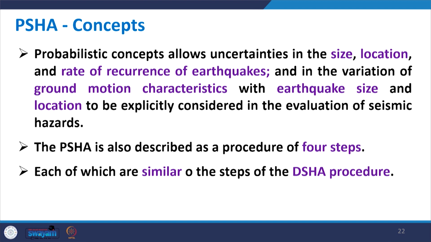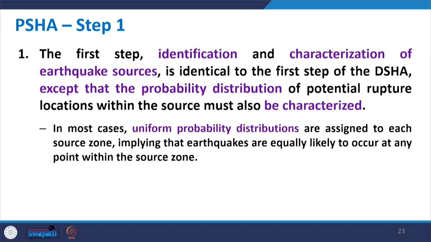This is also described in 4 steps, and each of these steps is similar to the steps of the DSHA procedure, with some more information. The first step is again the same: identification and characterization of earthquake sources. It is similar to DSHA, but some more input is given in this step: the probability distribution of potential rupture location within the source must also be characterized.